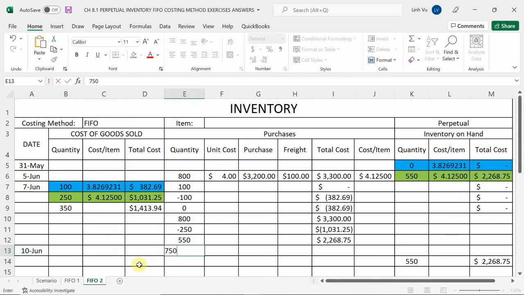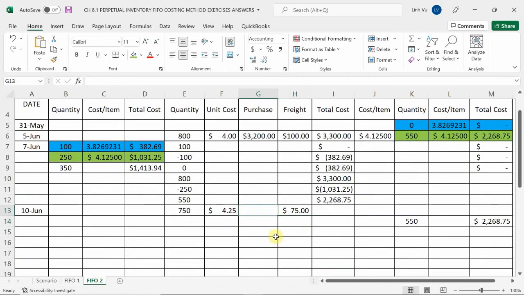We purchased 750 at $4.25 with a freight of 75. So what's my purchase price here? 3,187.50. Good. Plus 75 gives me a total cost of 3,262.50. Good.